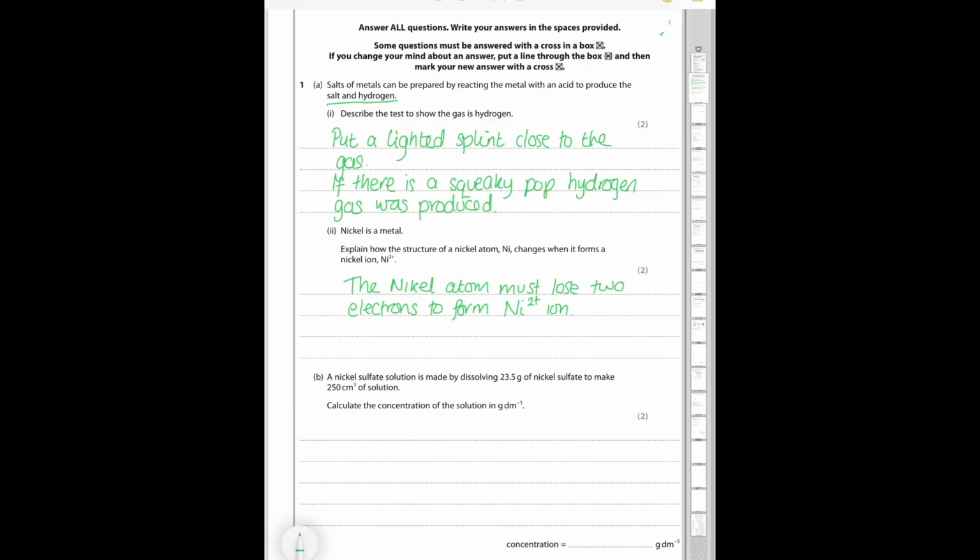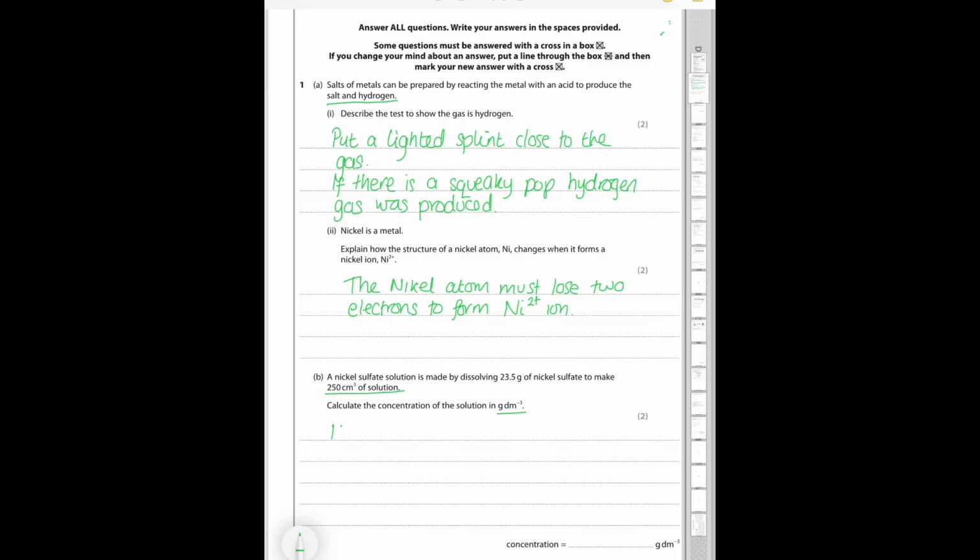Now for part B, a nickel sulfate solution is made by dissolving 23.5 grams of nickel sulfate to make 250 centimeters cubed of solution. Calculate the concentration of the solution in grams per decimeter cubed. So first of all, because we've got 250 centimeters cubed of solution and we're wanting grams in a decimeter cubed, we need to know how much more 1 decimeter cubed is compared to 250 centimeters cubed.